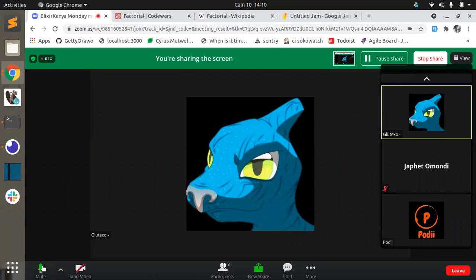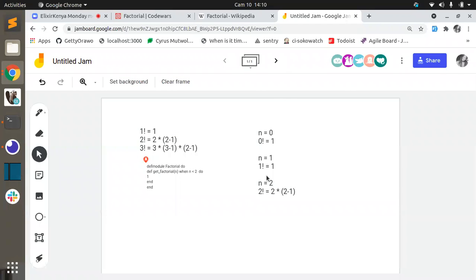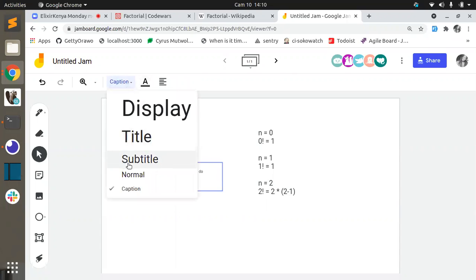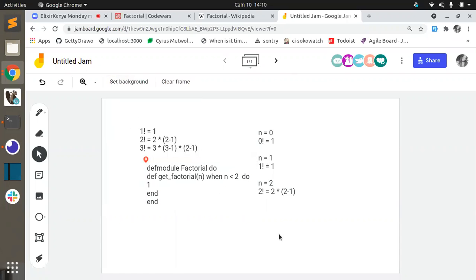Okay. We're at the less than 2, or factorial number 2. So a factorial is defined as n times a factorial of n minus 1.